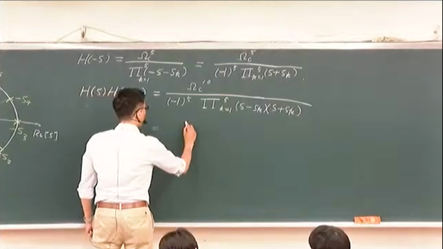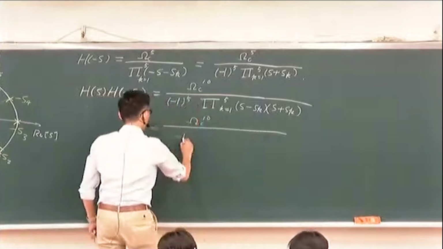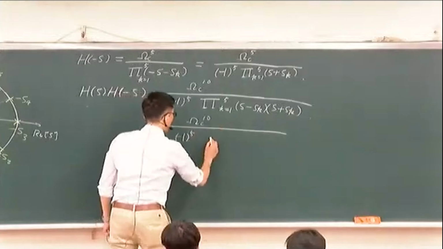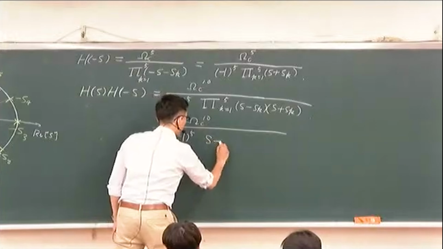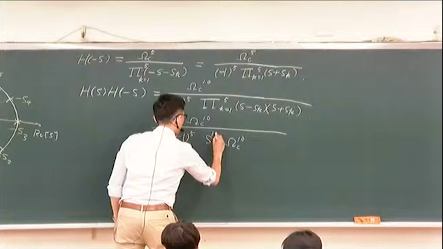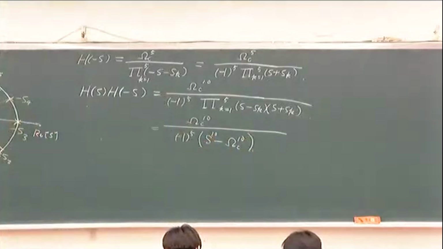So now, be careful, we have omega C to the 10th power on top. And let's copy minus 1 to the 5th power. And here, I suppose that we are really looking at S minus omega C to the 10th power. That's a very simple expression.